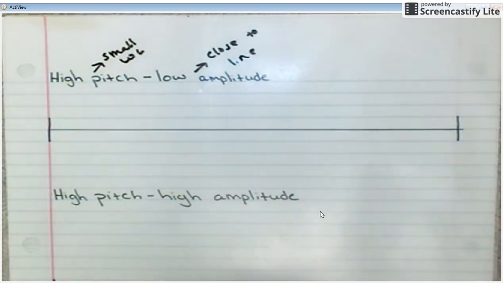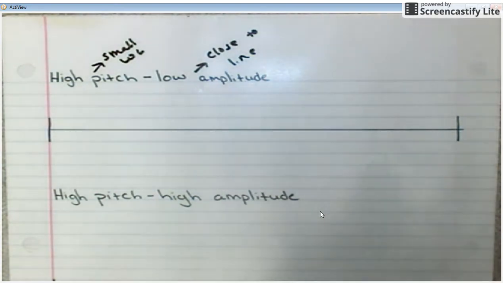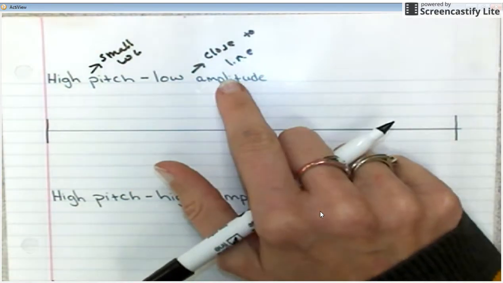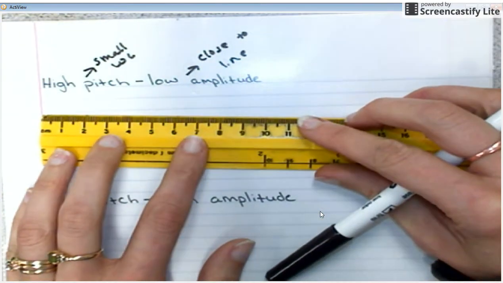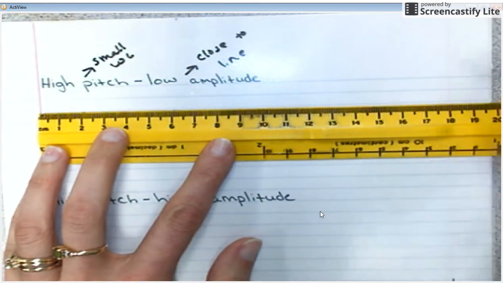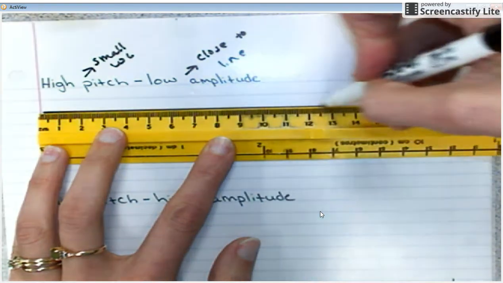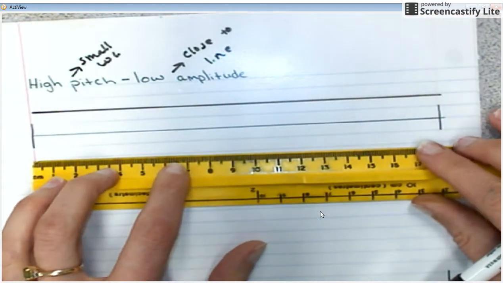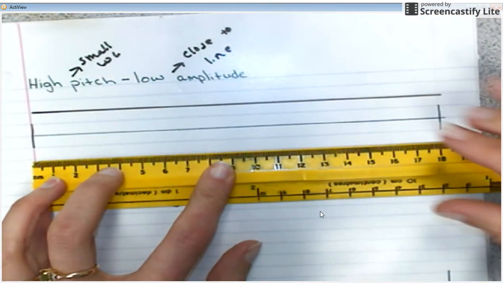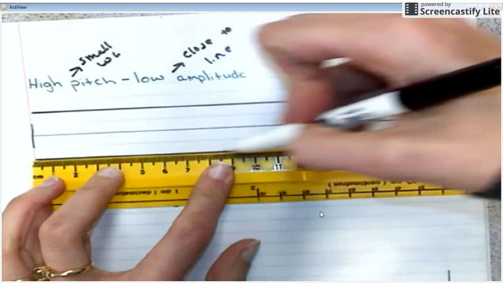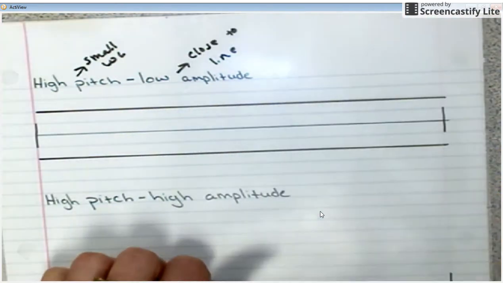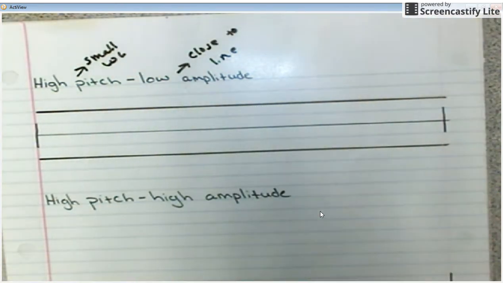So the first thing we need to do is go ahead and draw our amplitude line. Since we know it has to be a low amplitude, let's draw our amplitude lines pretty close to the sound wave bar. So that's going to be a pretty low amplitude.